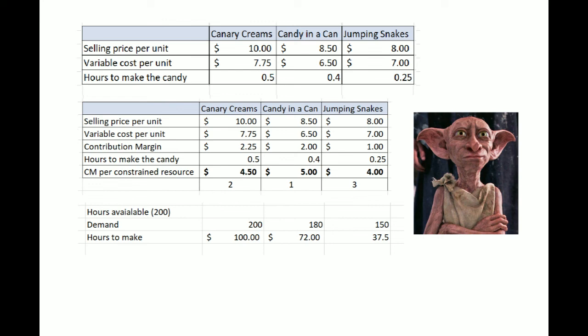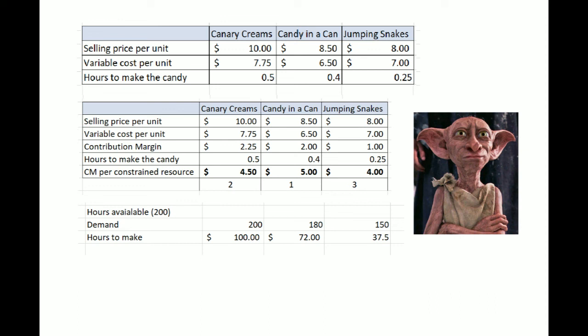So for the first one it's 200 divided by, or well, times half an hour, and that's 100. So 100 hours to make 200 canary creams. Then we do the same with the second one. So it's 72 hours, and 37 hours to make the 150 jumping snakes.